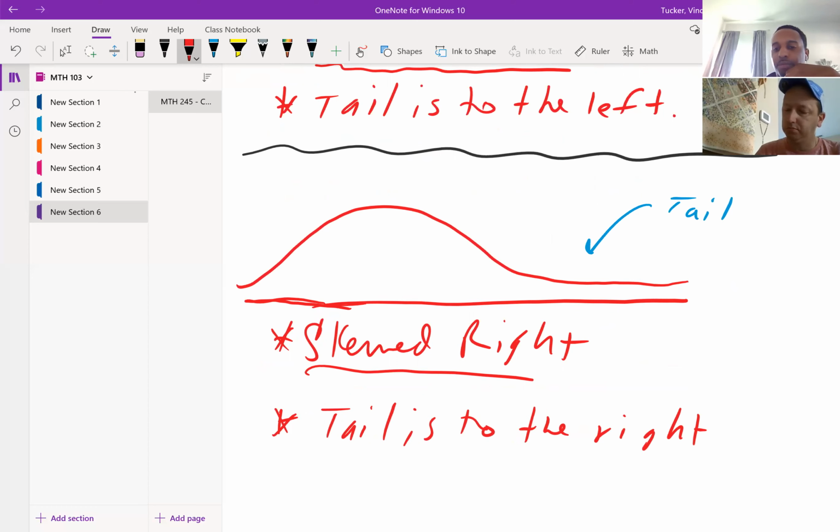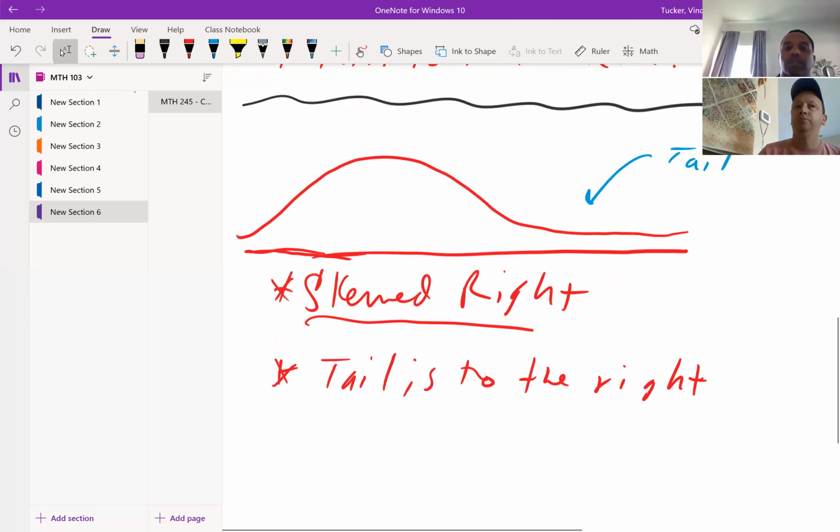All right, tried to draw those the best I could. So when your tail is to the right, it is skewed right. Your data is considered to be skewed right. All right, questions before we go to the next thing? Nope. All right.